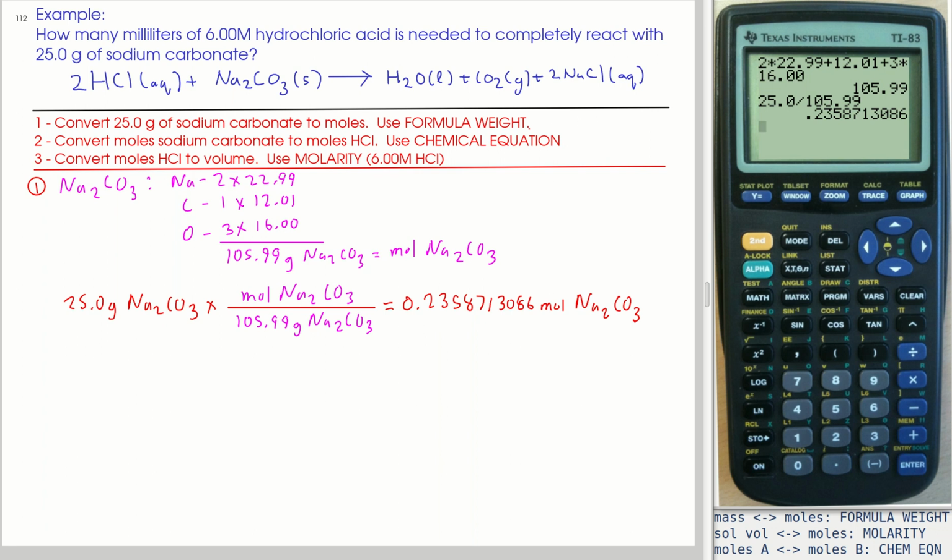And I'm going to leave that number the way it is. I'll round it at the end when I get my final answer. Now, so we finished our first step, 1/3 of the way through the problem.